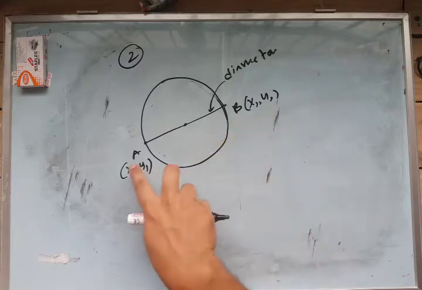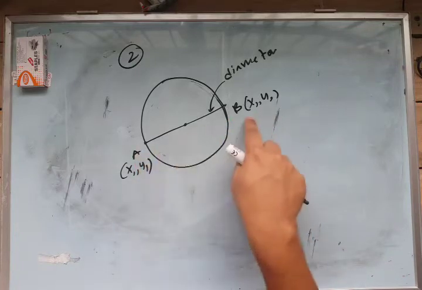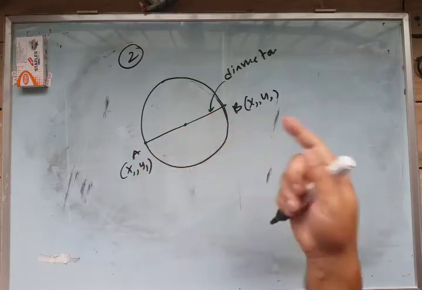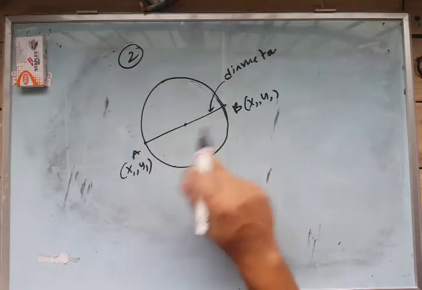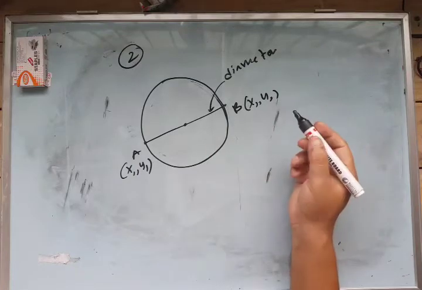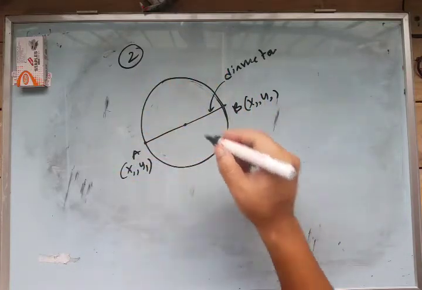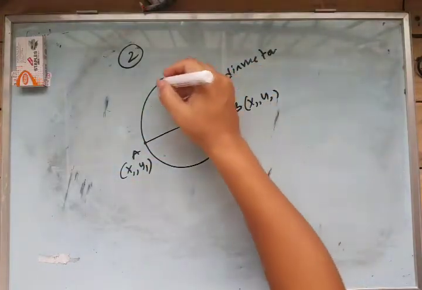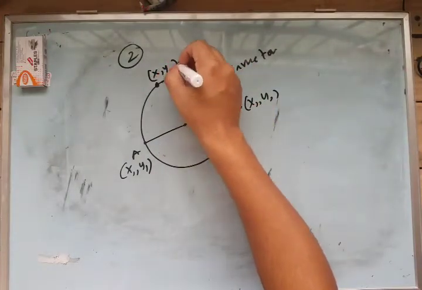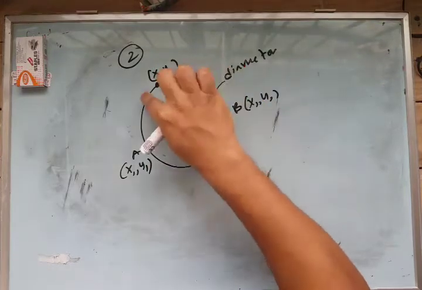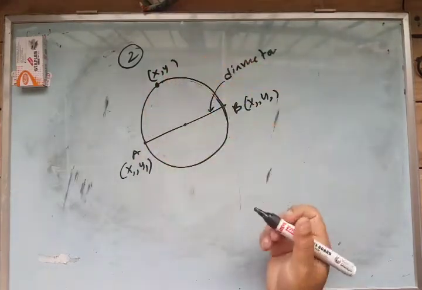So you are given the coordinates of A and B, and AB is a line segment which is the diameter of this circle. When these two are given, how do you find the equation of the circle? The equation of a circle means finding all the xy coordinate points which lie on this circle.